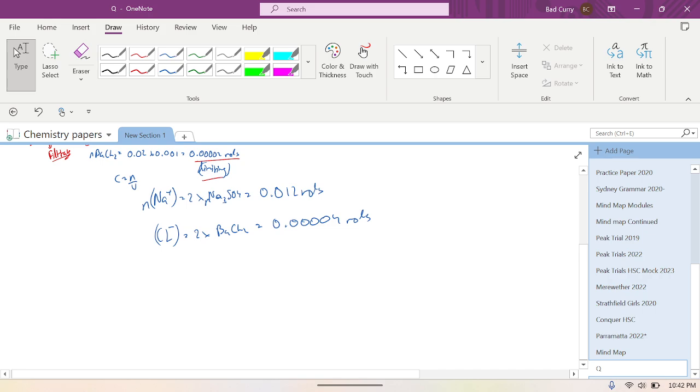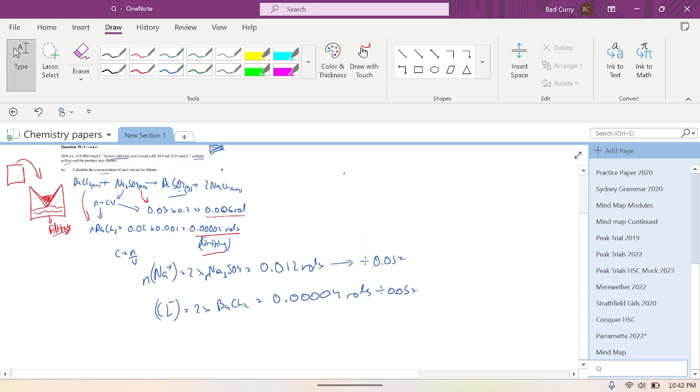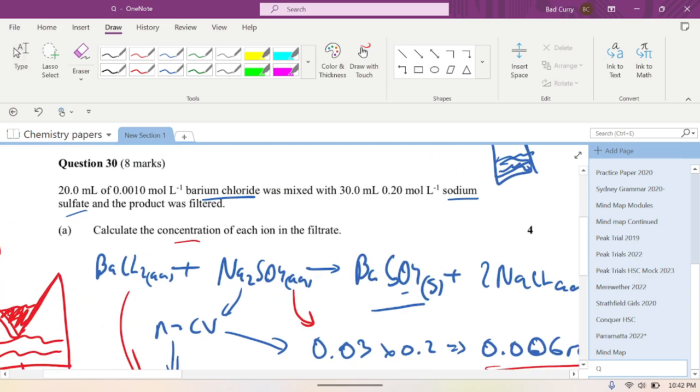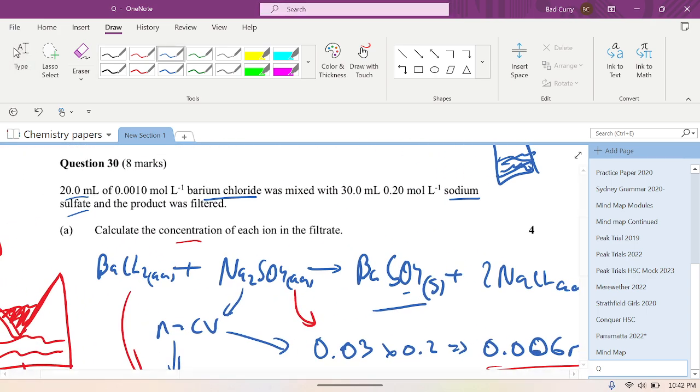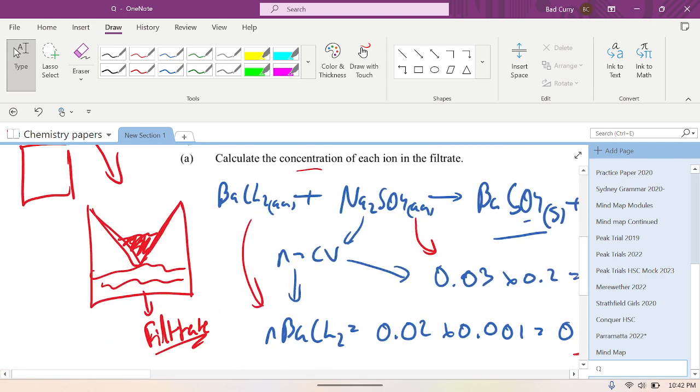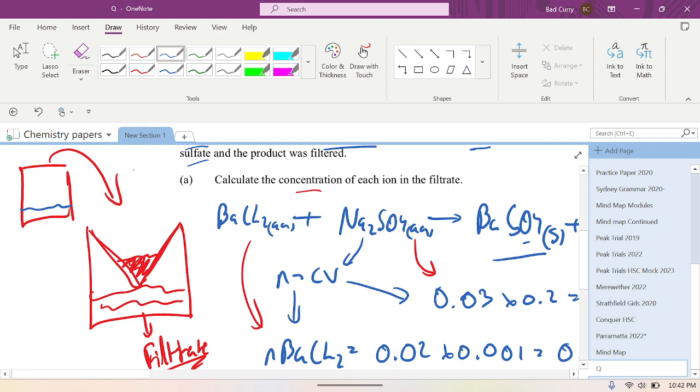Now you need to find the concentration. And how do you find the concentration? Well, you take these and you divide them by 0.05 for both of them. Why is it 0.05? That's because that's 50 mL. When you add both of them, you're adding a volume of this and a volume of this. The volume is going to stack up because you're adding them together into one solution and then pouring it here.